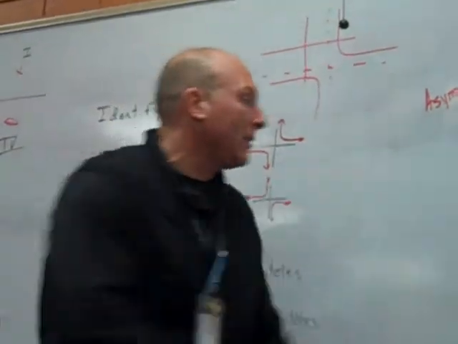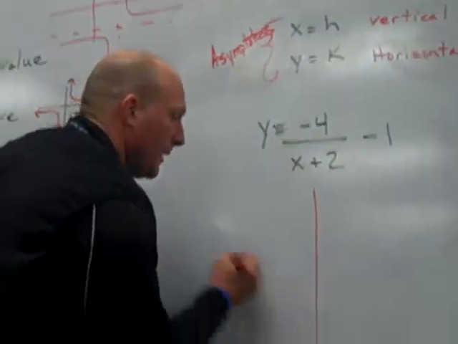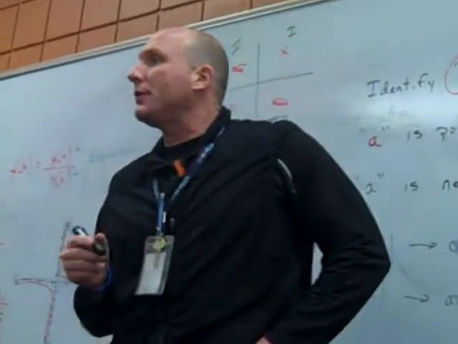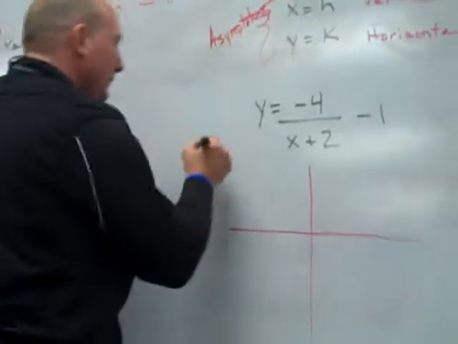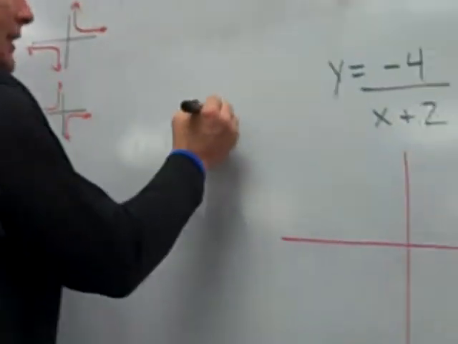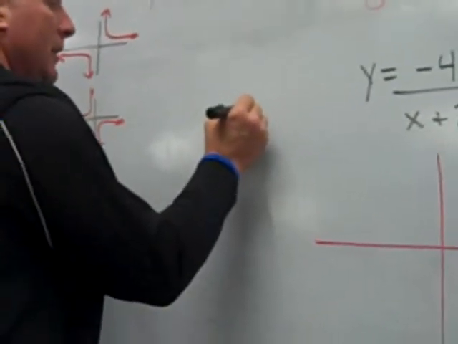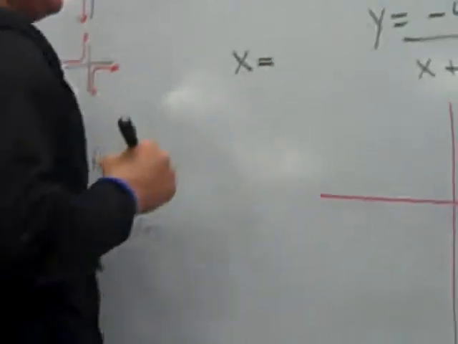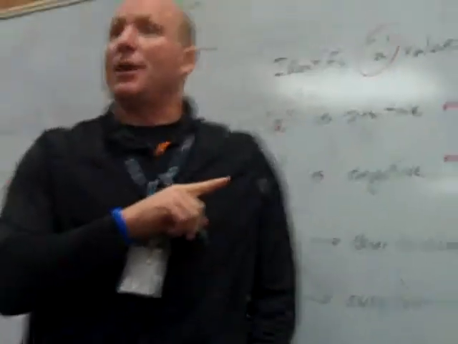So let's take a look. Where are my asymptotes? Let's start with the vertical. Vertical is x equals or y equals? No. X equals. Where's my vertical asymptote here?